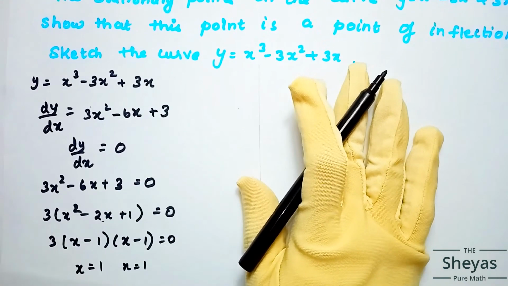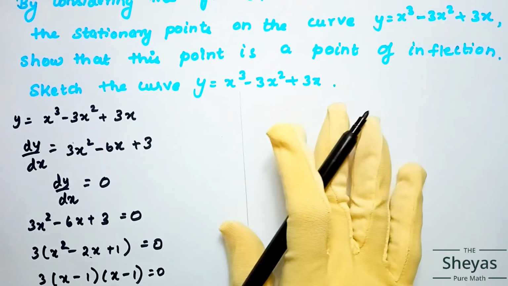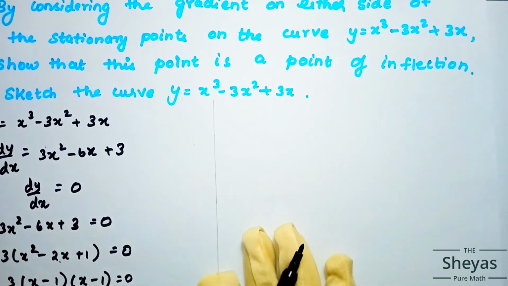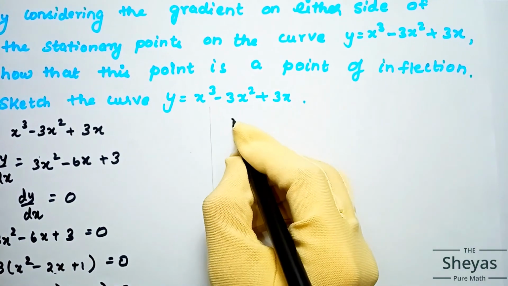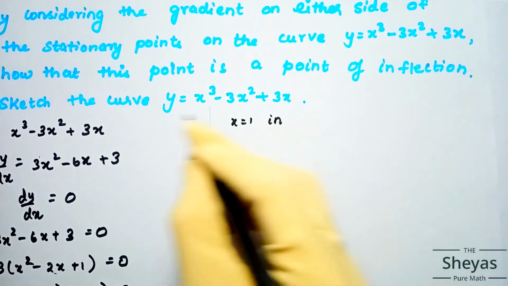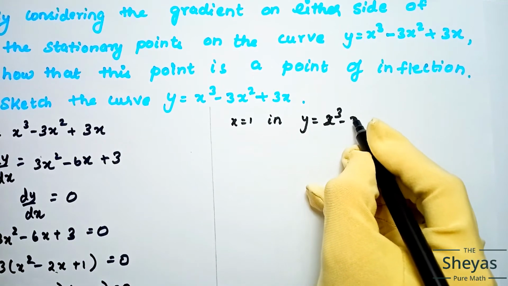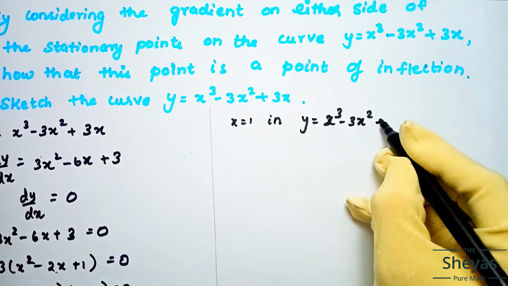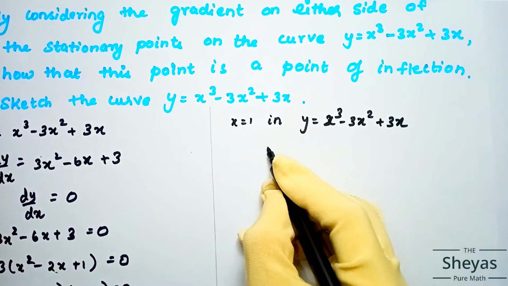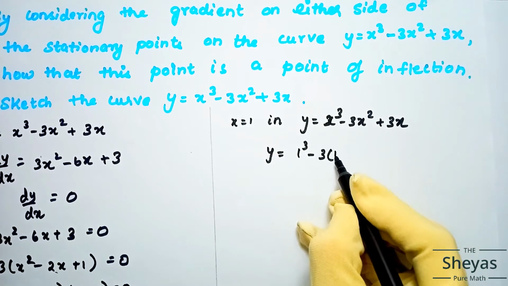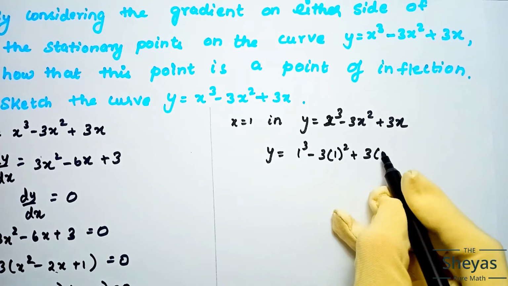So you have got the x coordinate of the stationary point. Now you have to substitute x is equal to 1 in y is equal to x cube minus 3x square plus 3x, because you have to get the y coordinate also. Once you substitute, what will you get? 1 cube minus 3 into 1 square plus 3 into 1.